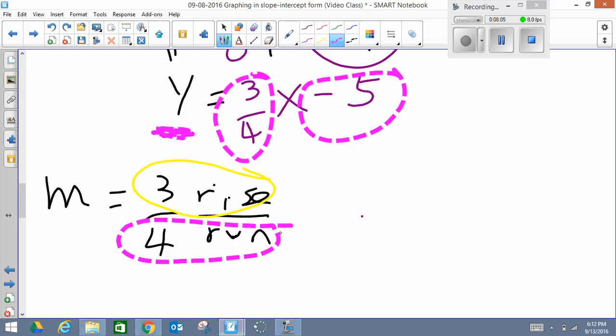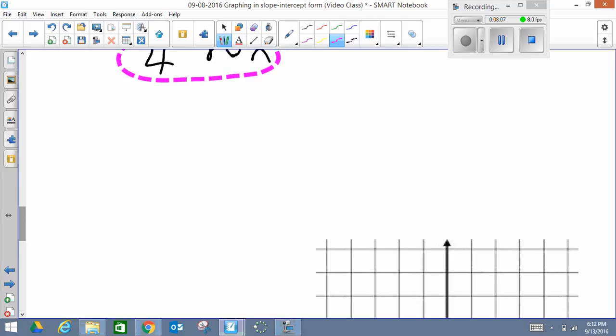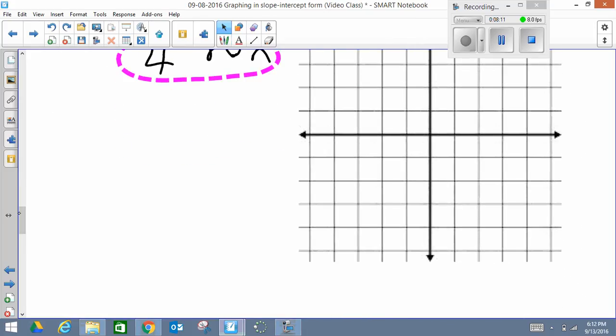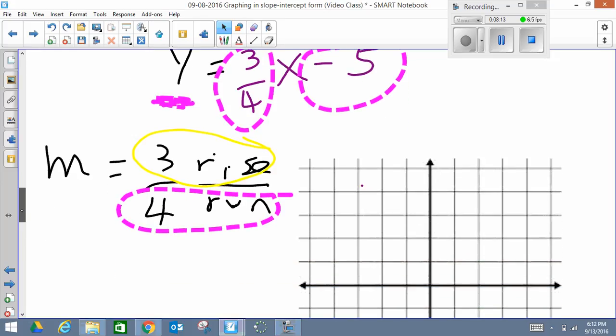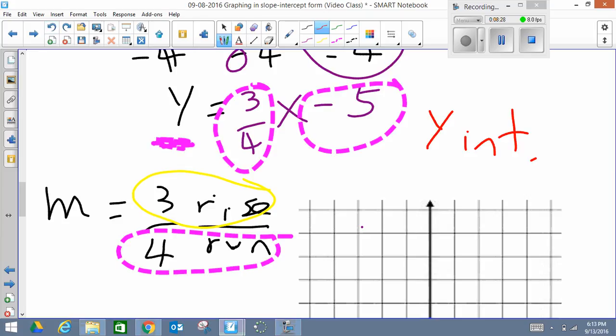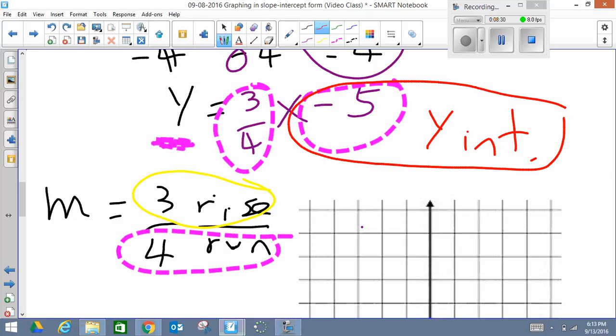So let's get the graph and let's start the steps. The first thing that I do when I'm graphing is to plot the y-intercept. In this case, my y-intercept is negative 5, the number that is after the x.